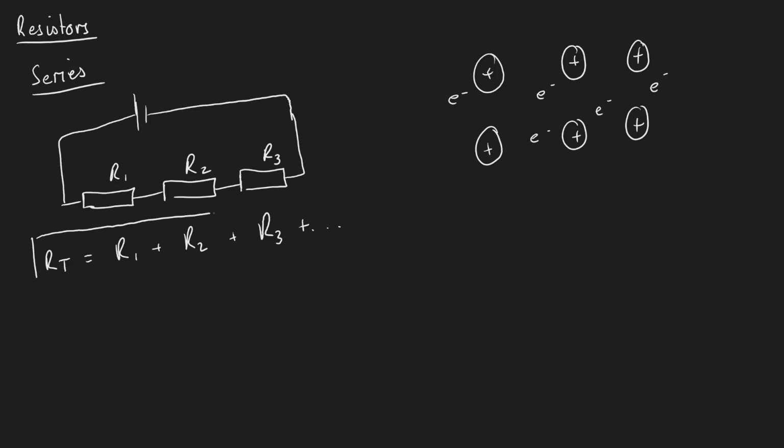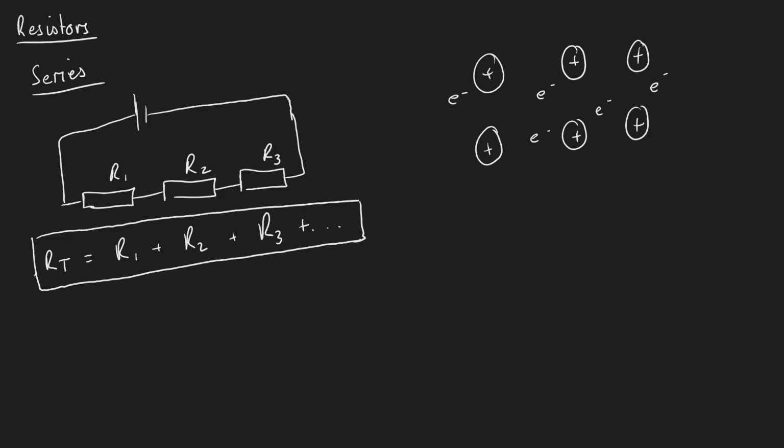We can just keep adding resistors in series until we eventually get to infinitely high resistance because of an infinite number of resistors. So these are pretty straightforward, right? It makes sense because we are simply adding together a linear array of resistances, and by doing this we're increasing the probability of these collisions.